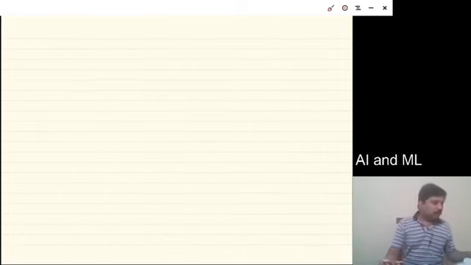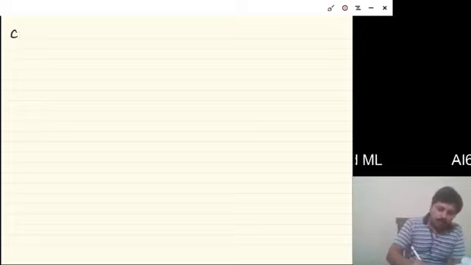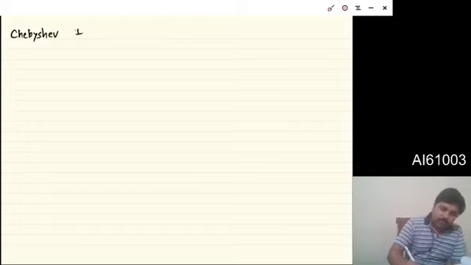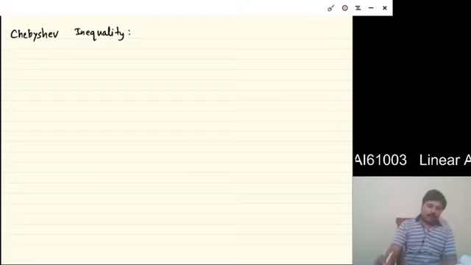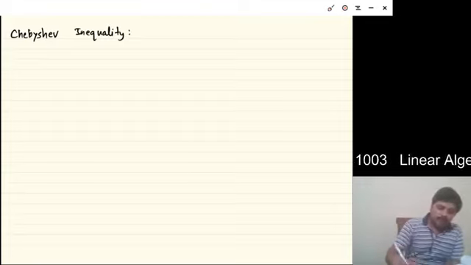So this is about standard deviation. And we wrote down the Chebyshev inequality yesterday. Let us write down this Chebyshev inequality for the vector x hat. So what was the Chebyshev inequality in general?